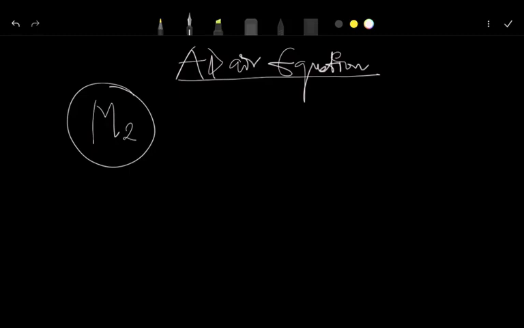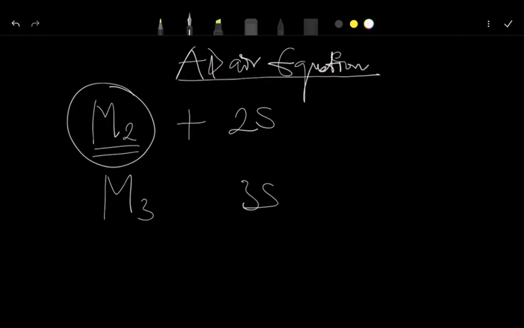By dimeric I mean the enzyme is having just two active sites, meaning it can bind to just two substrates. If for example the enzyme is M3, how many substrates can it bind to? 3 substrates. If it's M4, how many substrates can it bind to? 4 substrates. Is that not so?